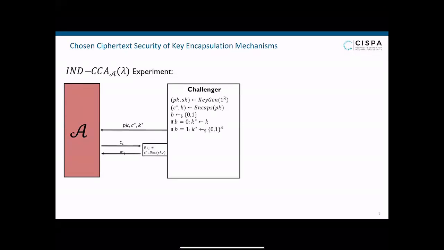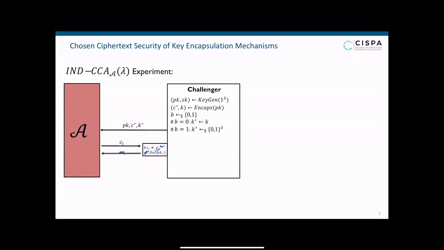The only difference to the IND-CPA experiment for KEMs is that we give the adversary a decryption oracle, right? It decapsulates every ciphertext except C star.